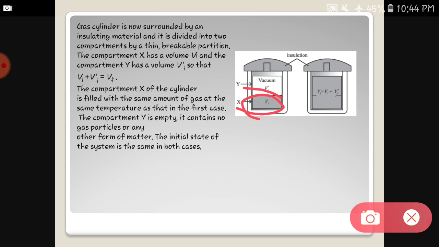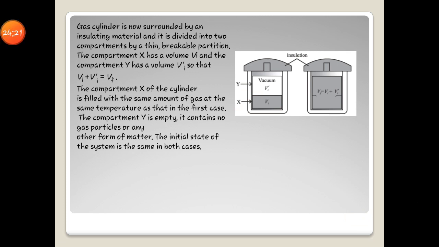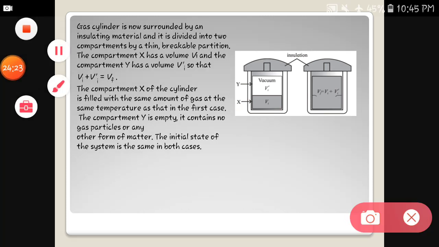Now after some time, what will happen? The compartment is divided into two, one is having gas molecules and another compartment is fully empty. So now the partition is broken. When the partition is broken, what happens to the gas molecules?